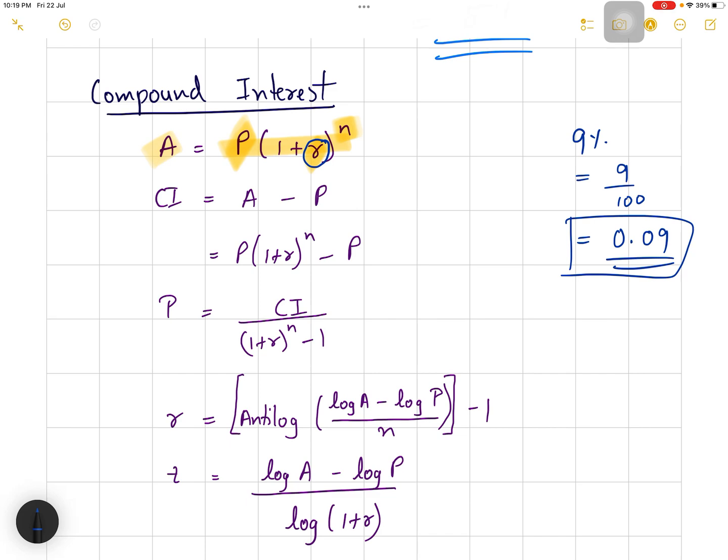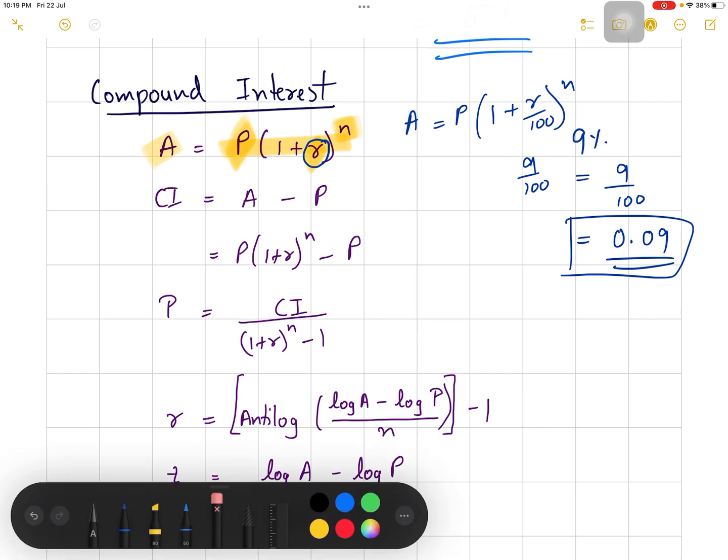If I write my formula like this, A is equal to P into 1 plus R upon 100 raised to N, in that case I'll write 9% as 9 upon 100. Because I'm not writing divide by 100, we'll write percentage in decimal form.